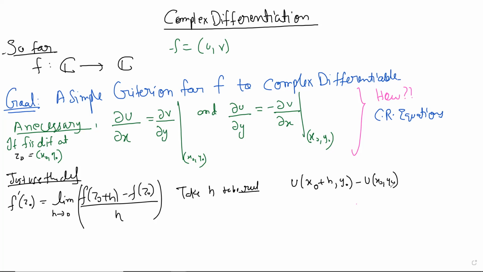This is the part coming from f of z naught, and this is the part coming from f of z naught plus h. Then we take the v, and once again we are only changing this, comma y. It is h comma 0. In any case, this is what we have.